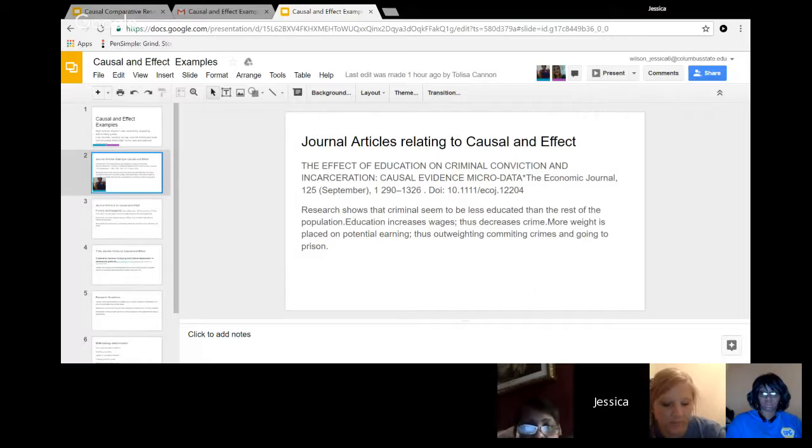Okay, so I see journal articles relating to causal and effect. The first article I did was the effect of education on criminal conviction and incarceration. Research shows that criminals seem to be less educated than the rest of the population. Education increases wages, thus decreasing crime. More weight is placed on potential earnings, thus outweighing committing crimes and going to prison.